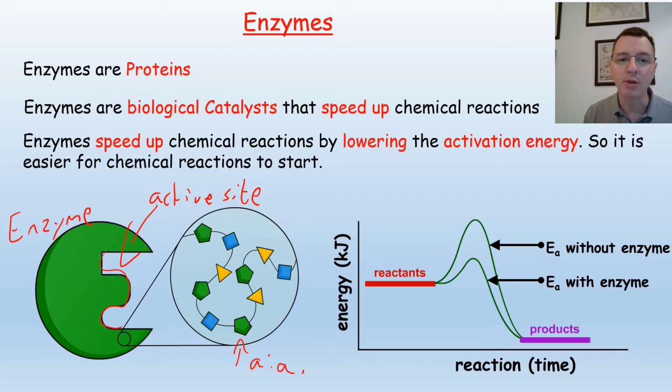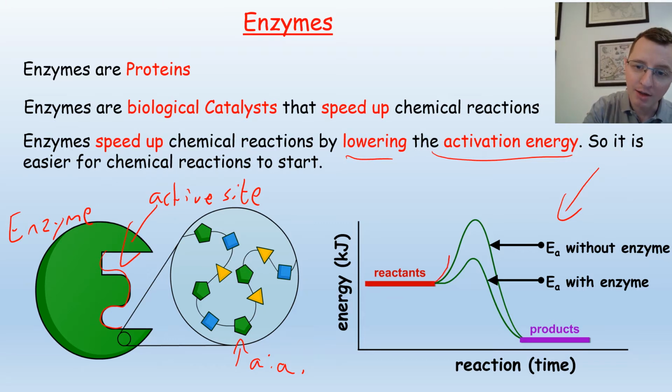So how exactly do these enzymes speed up these chemical reactions? Well, they do that by lowering the activation energy. So if we have a little look at this graph down here, you'll see that without the enzyme present, our reactants need to have added this much energy before the chemical reaction will start.